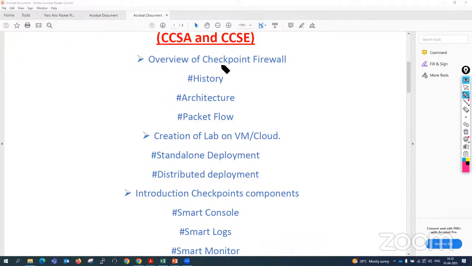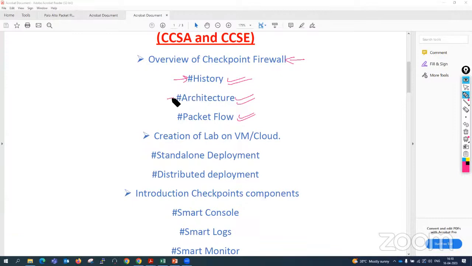Initially, we will be discussing the history of Checkpoint, the architecture, and the packet flow. Why? Because whenever you are learning any technology, whether it's Checkpoint, Palo Alto, or any other, you should always start from the basics. History is the basic of Checkpoint, so we'll learn how Checkpoint started, how they developed themselves, and how they have evolved over time.